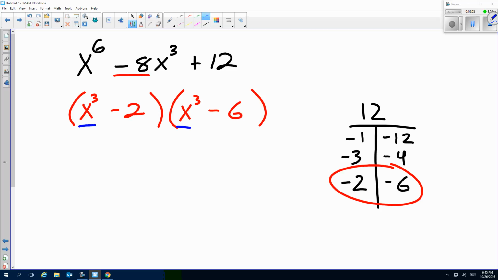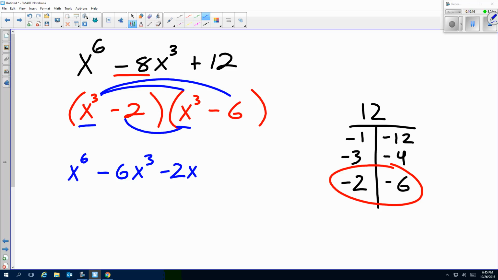X cubed times x cubed gives me x to the 6. X cubed times negative 6 gives me negative 6x cubed. Negative 2 times x cubed gives me negative 2x cubed. And then lastly, negative 2 times negative 6 gives me an astounding positive 12.